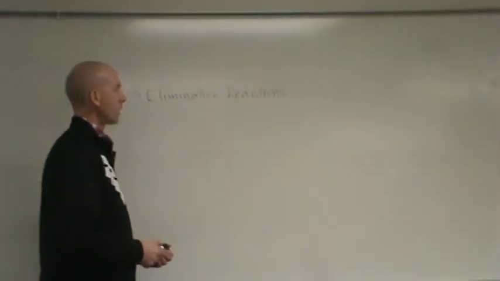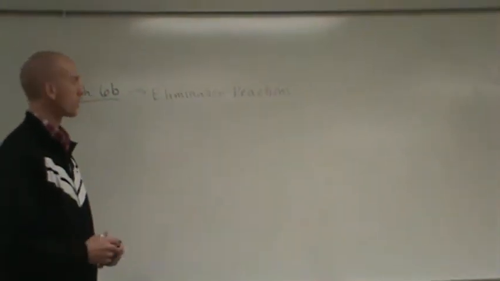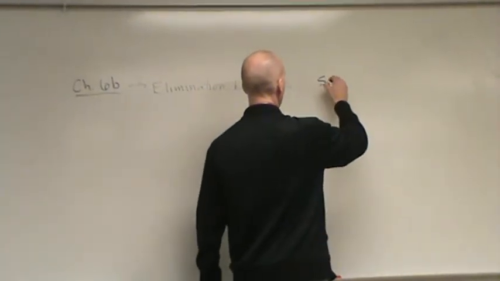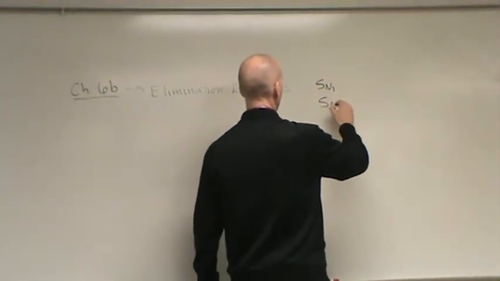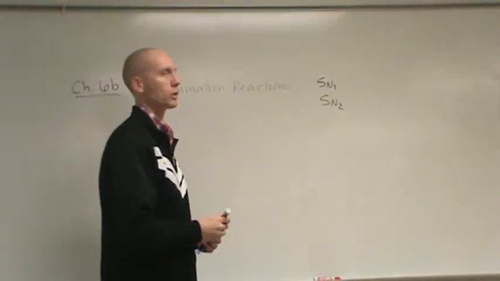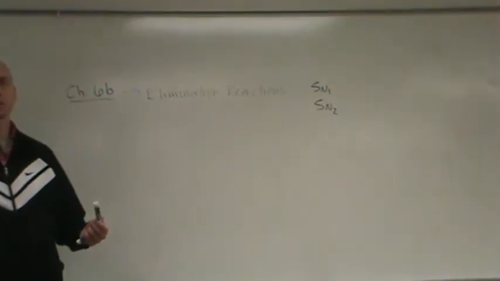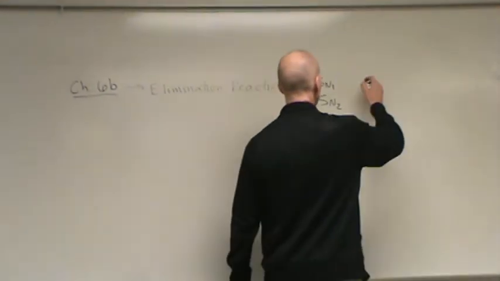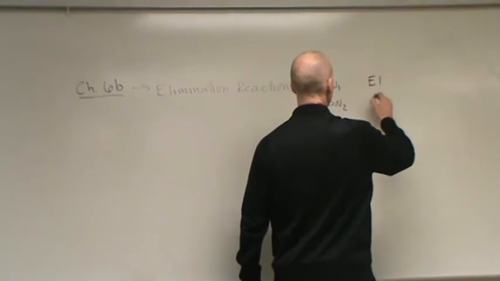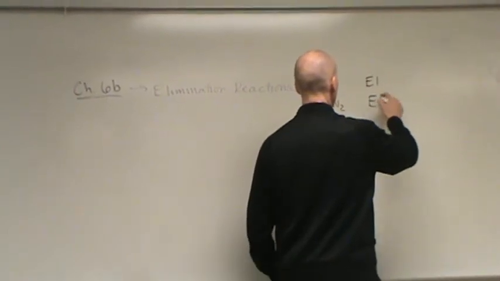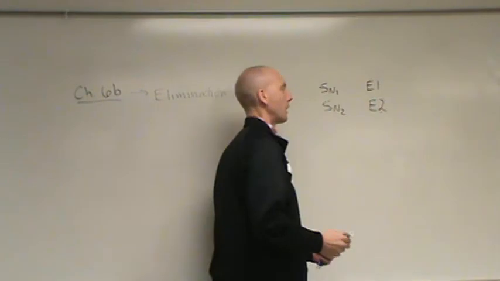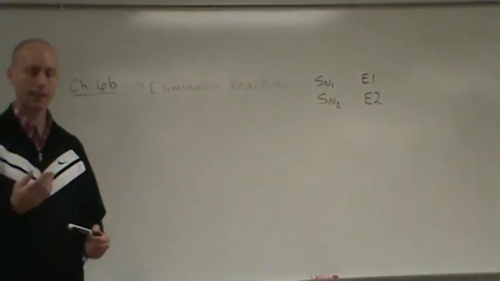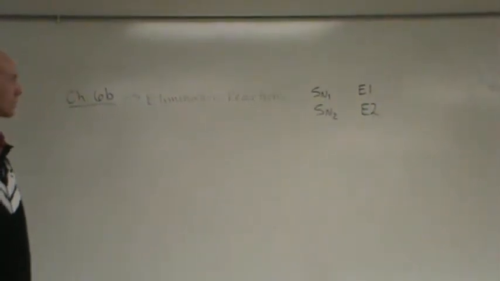If you remember in substitution reactions, we had two mechanisms, SN1 and SN2. Well, for elimination reactions, we're going to use E, obviously, and so we'll have E1 and E2 reactions.